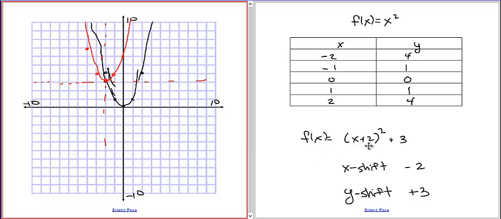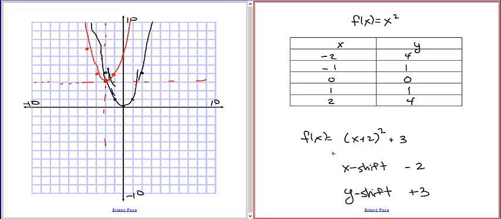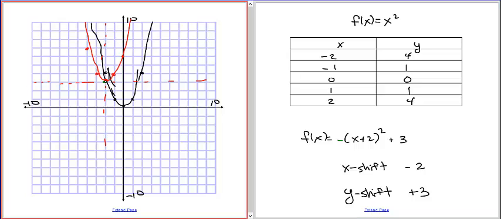Now, if you had a reflection, say in this case, the only reflection that's really useful is the one across the x-axis. If I had a negative sign in front here like that, you'd still have the same vertex. You still have this point, but instead of going up, you go down. So here I went over 1, up 1, you go over 1, down 1. Instead of going over 2, up 4, actually I didn't do that, did I?